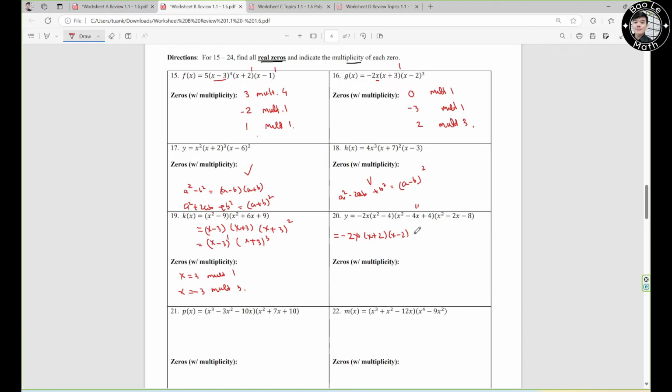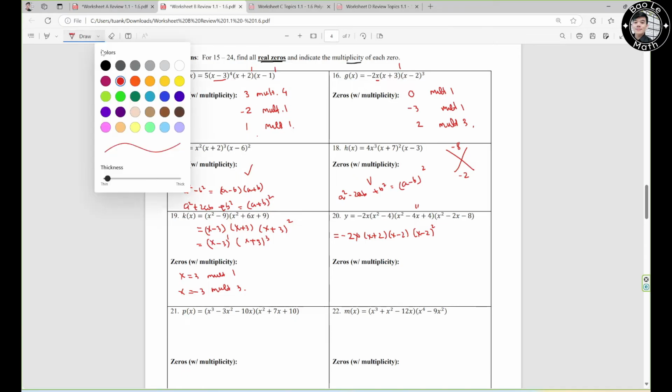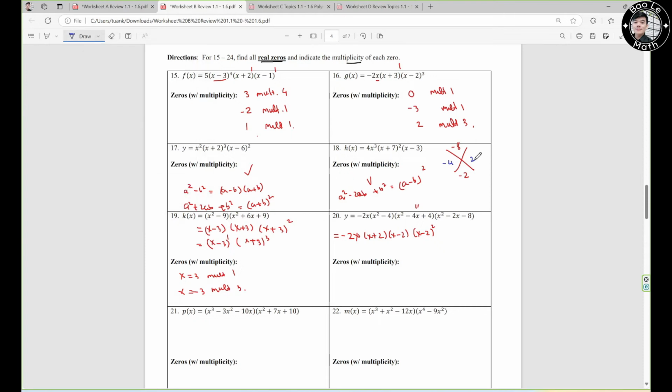So this turns out to be s minus 2 altogether squared. Now this one right here, I use the X method to factor. I put c right here, negative 8, and I put b right here, negative 2. I need to find two integers that multiply to negative 8 and add up to negative 2, which is negative 4 and 2. So this turns out to be s minus 4 times s plus 2.